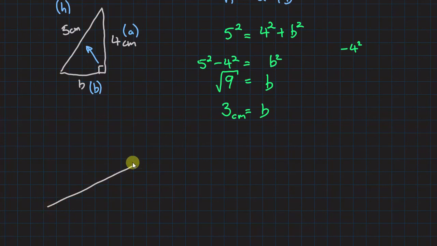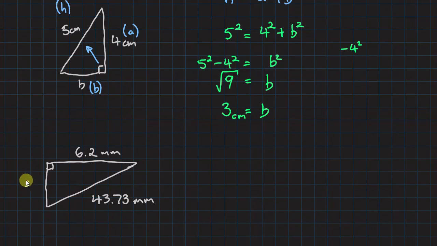So let's put that there, that across there, and I'm going to give you this length here is 43.73 millimetres, and I'm going to say this one across here is 6.2 millimetres. What is this length over here that I'm now going to call x?